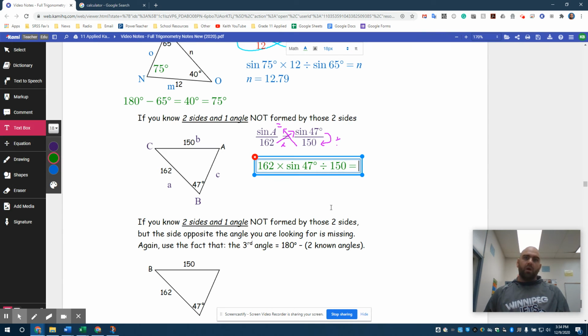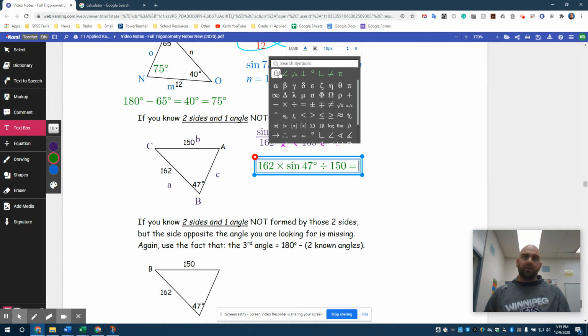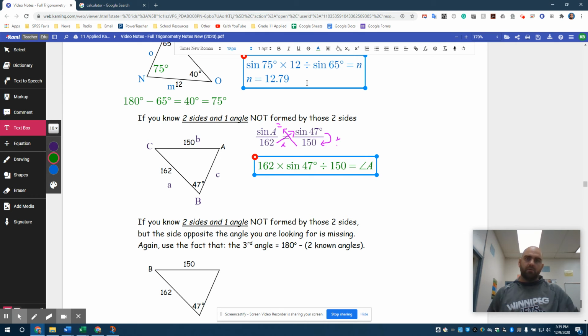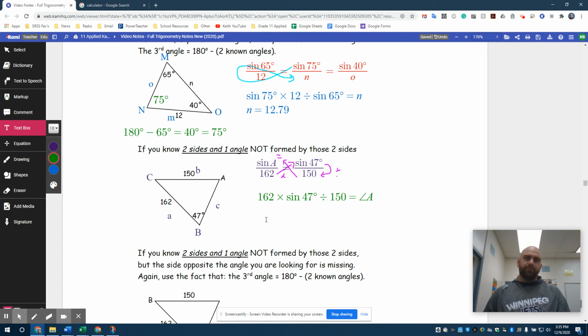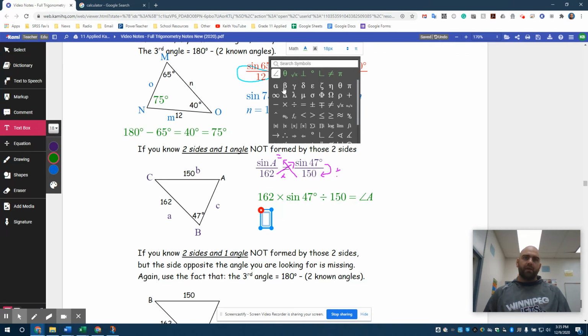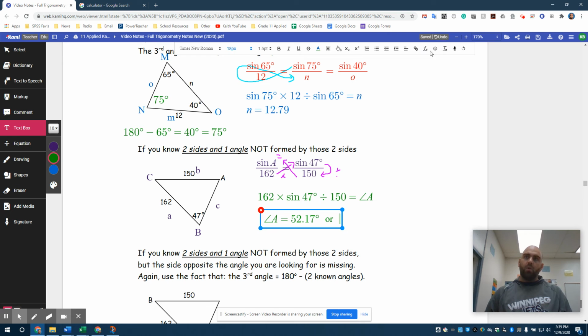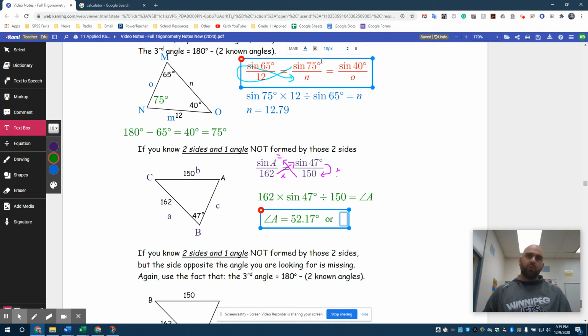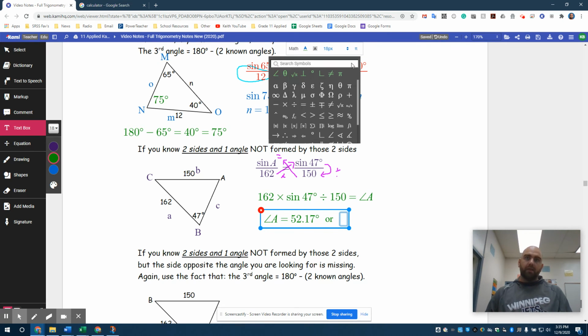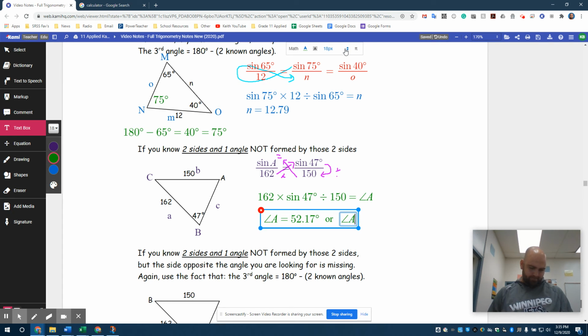So this is going to be, sorry, I'm just going to write this in here. This is angle A. And so our answer: angle A is equal to 52.17, or, if we round it, angle A is 52 degrees.